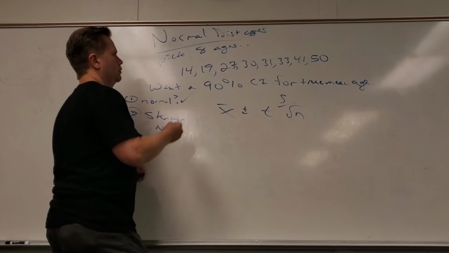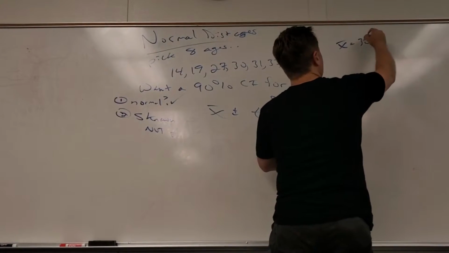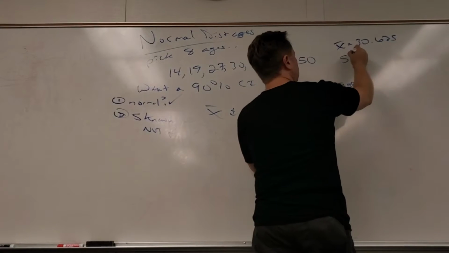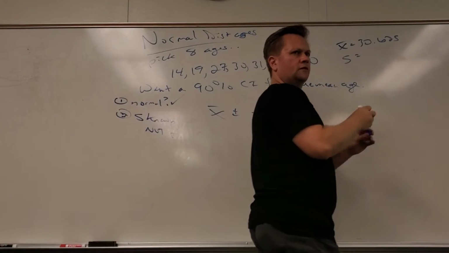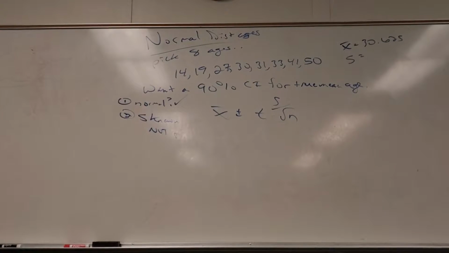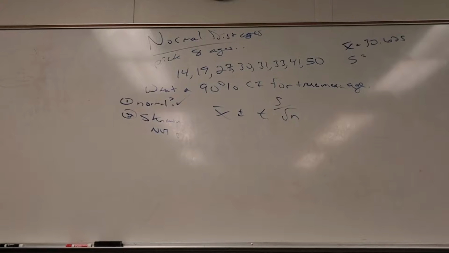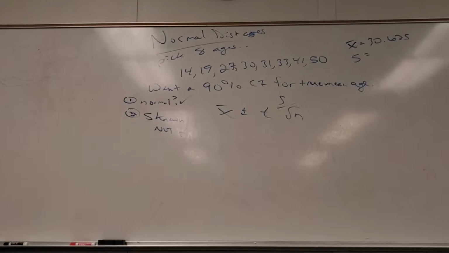So now I know X bar is 30.625. S, see it says sigma? In fact, something I want to point out to you that I haven't pointed out yet. You see how it says Sx and sigma x? And remember, when I take a sample and they change the standard deviation, it becomes sigma x bar.